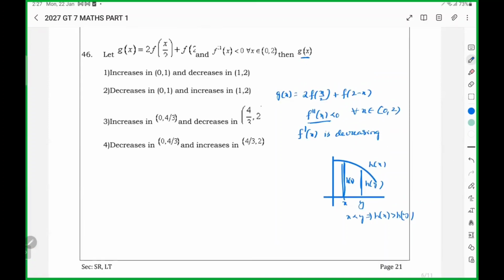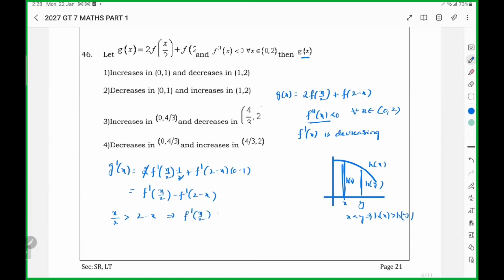we have to find the nature of g, whether it increases or decreases. g dash x is f dash x by 2 into half, minus f dash 2 minus x into half. So if x by 2 is greater than 2 minus x, f dash x by 2 should be less than f dash 2 minus x.